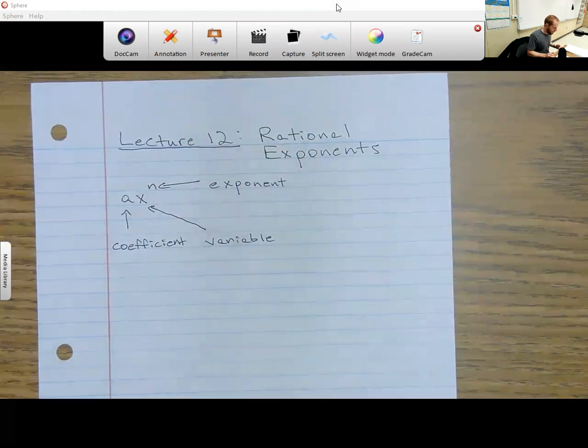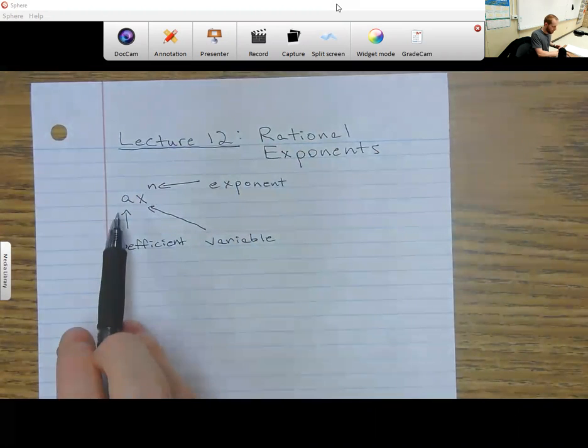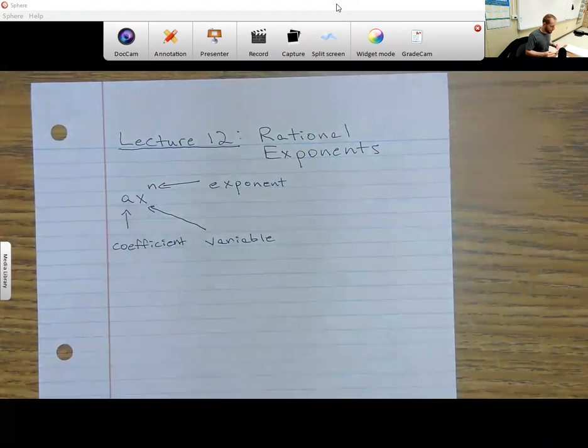All right, so the a is going to be a number out in front. It's usually going to be the big number out in front, right? That's called the coefficient. And the x is going to be the variable, and the n is going to be the exponent.